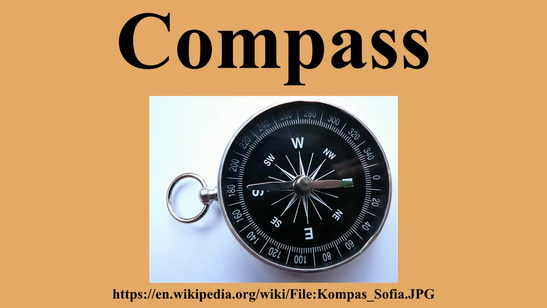Items to avoid around compasses are magnets of any kind and any electronics. Magnetic fields from electronics can easily disrupt the needle, preventing it from aligning with the Earth's magnetic field, causing inaccurate readings. The Earth's natural magnetic forces are considerably weak, measuring at 0.5 Gauss.